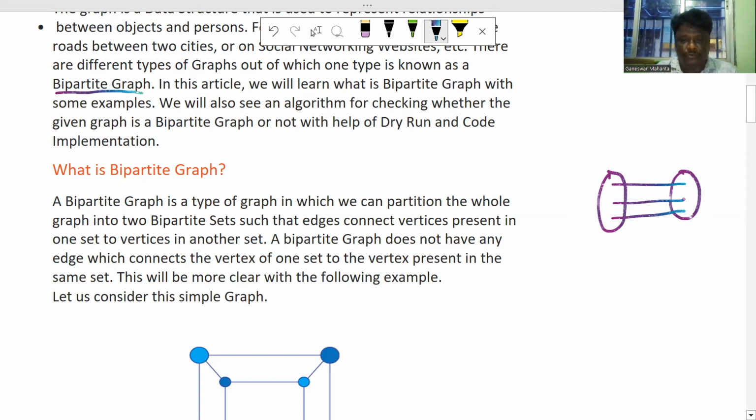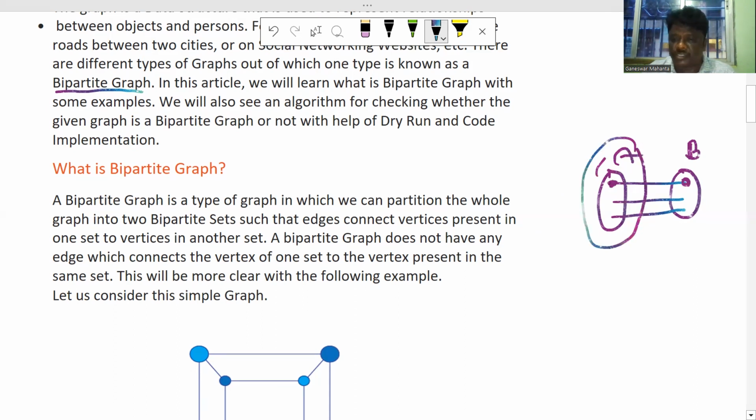A bipartite graph does not have any edge which connects a vertex of one set to another vertex present in the same set. A vertex in this set is connected to a vertex in the other set, and that is why we have specially chosen two sets. That does not happen within the same set; for the same set, that is not possible.